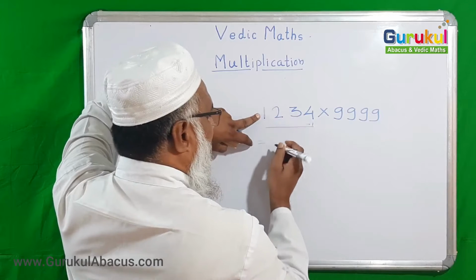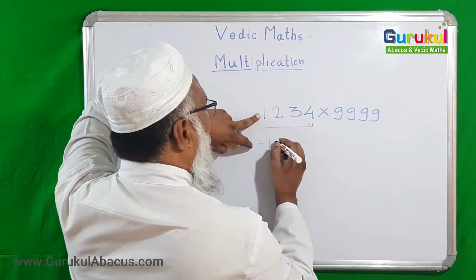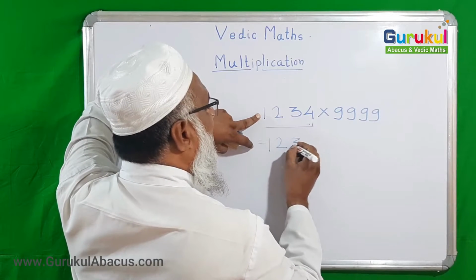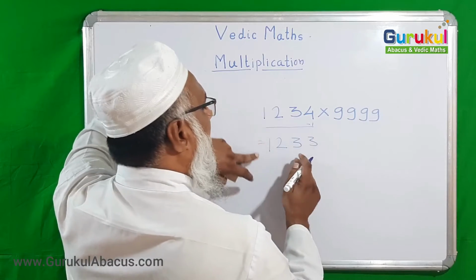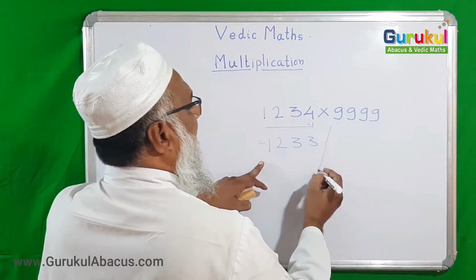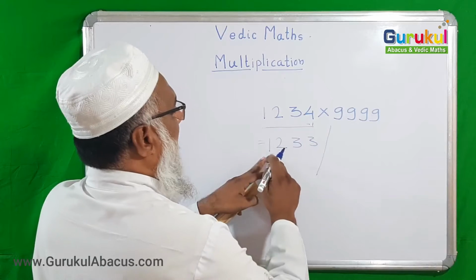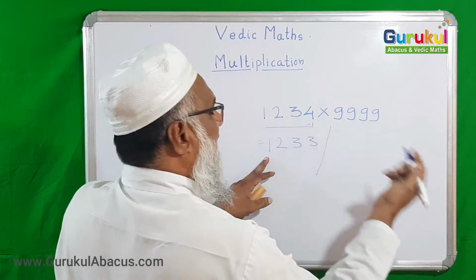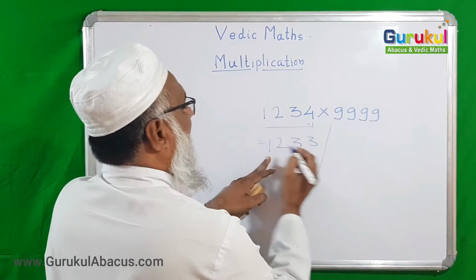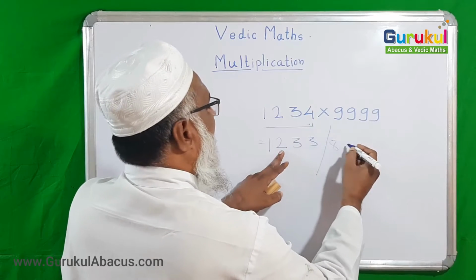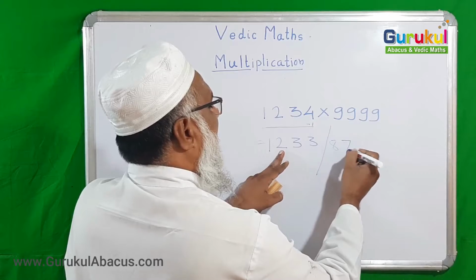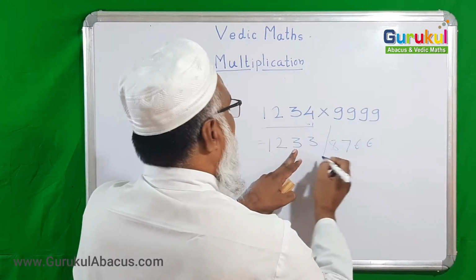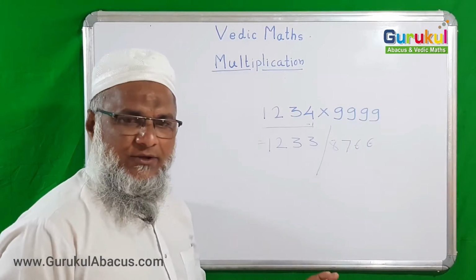So from the first number I am writing 1, 2, 3, 3. It is 4, so I wrote 3. Then one imaginary line, and all those 4 digits I subtract from 9, 9, 9, 9 to write the further part of the answer. So 9 minus 1 is 8, 9 minus 2 is 7, 6 and 6. So this is the answer I just got.